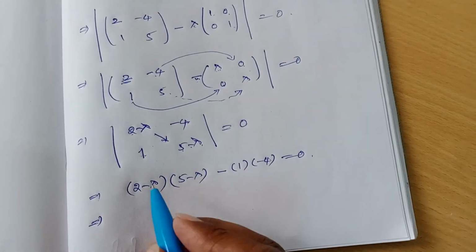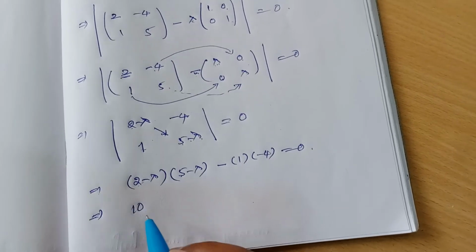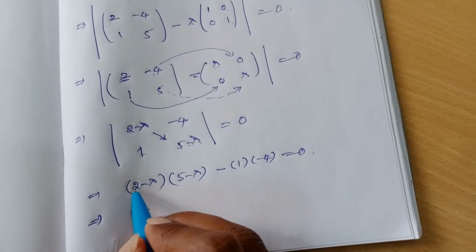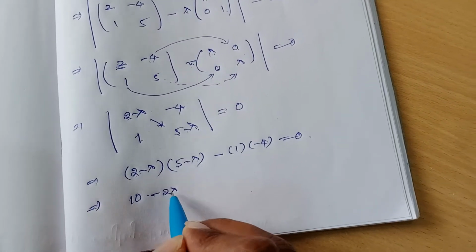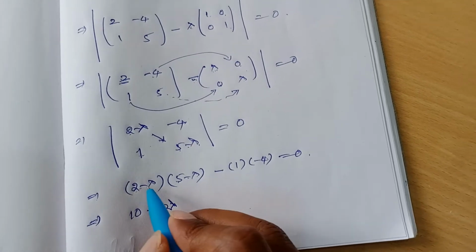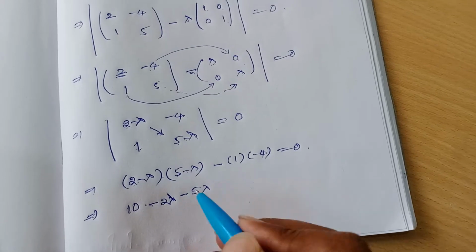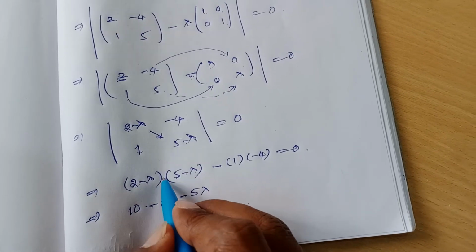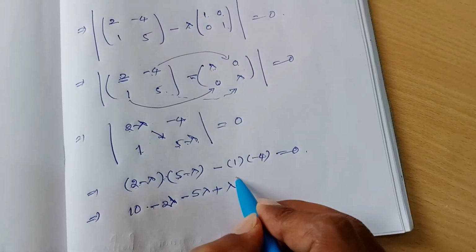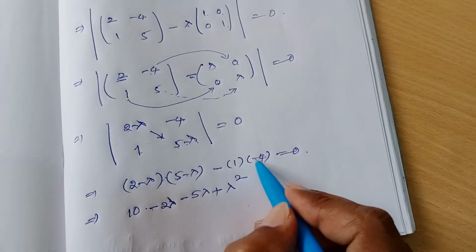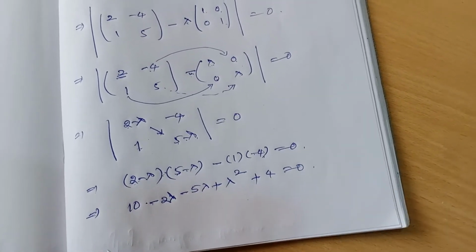That is equal to, here multiply these two: 2 into 5 is 10, next 2 into minus lambda is minus 2 lambda, the next minus lambda into 5 is minus 5 lambda, next minus into minus plus lambda into lambda, that is lambda square. Next minus into minus plus 1 into 4, 4, is equal to 0.